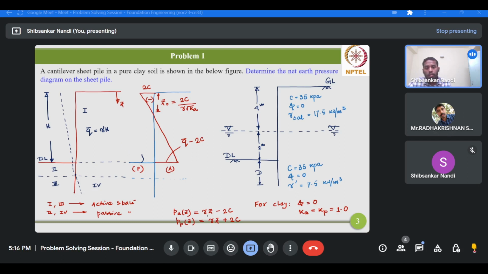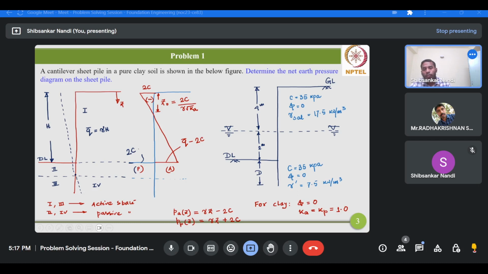Since Z starts from this level itself, the Z value is 0, so we will be having only the 2C component. So on one side we are having the active pressure as Q bar minus 2C, where Q bar equals gamma H, and on the passive side we are having 2C, the magnitude of passive earth pressure.